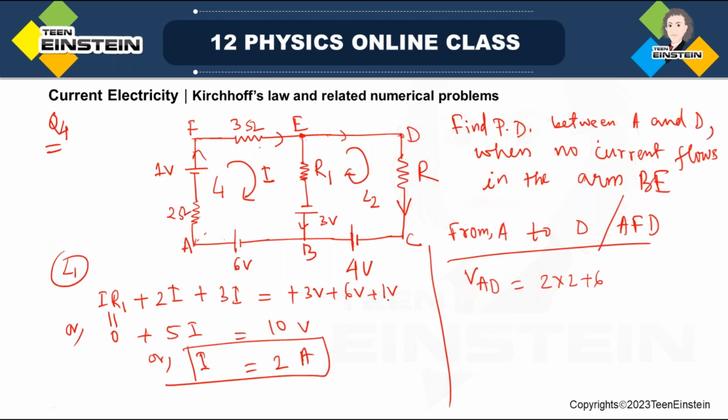Okay, so I have to take minus 1 here so that it will be 9 volts. Okay, so this battery. All right, so this will be the answer.